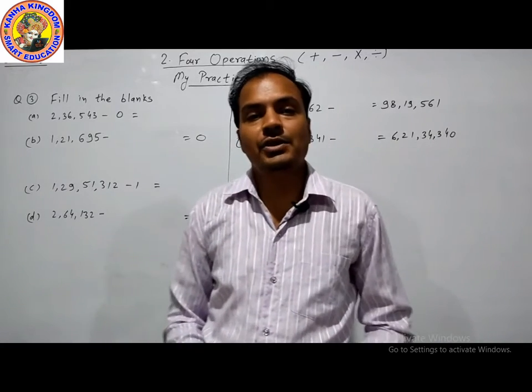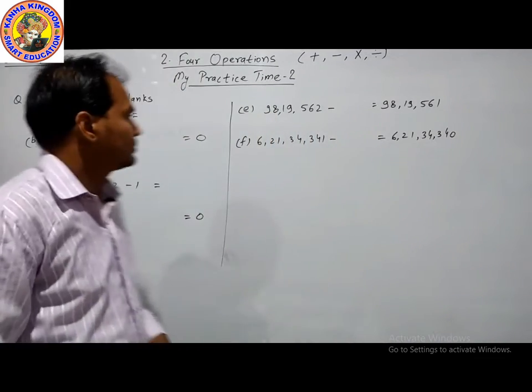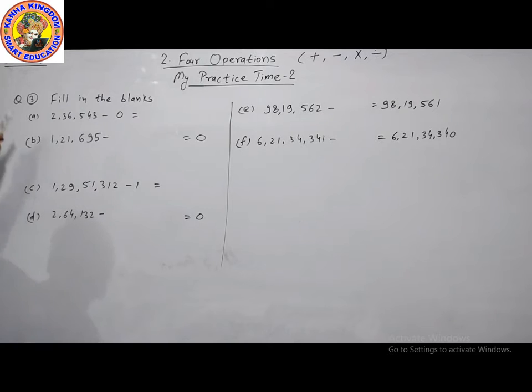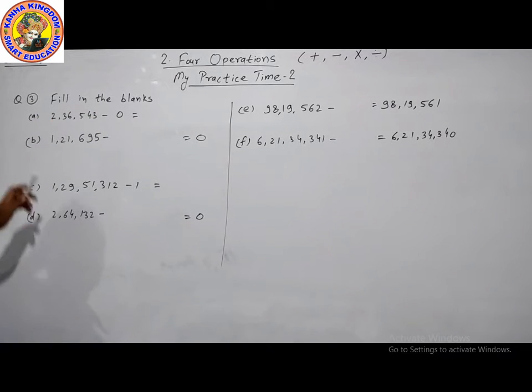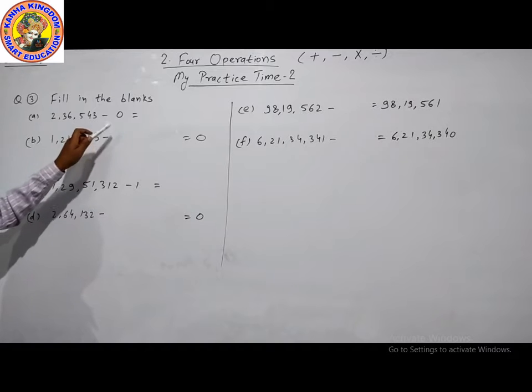Now our next question is question number 3. Fill in the blanks. First is 2,36,543 minus 0.